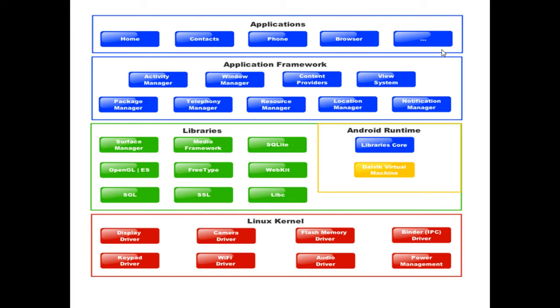But below that there are so many things like the application framework, which is managing all the activities, windows, contents, and views that we are looking at, various packages installed on the Android, the telephony system, the resource manager, and the location manager, which are included in the application framework.